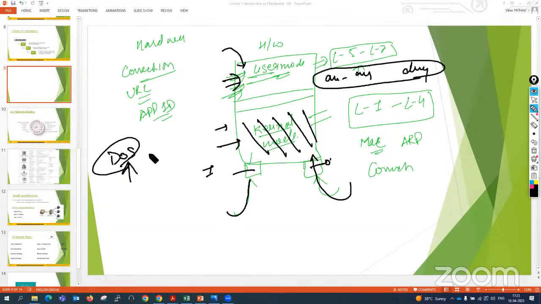I do not need the zone concept because my hardware is built in such a way that if there is any DOS attack, I can handle it very easily.